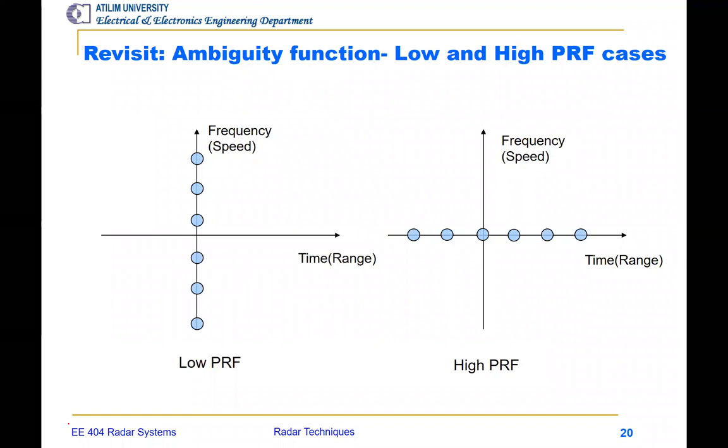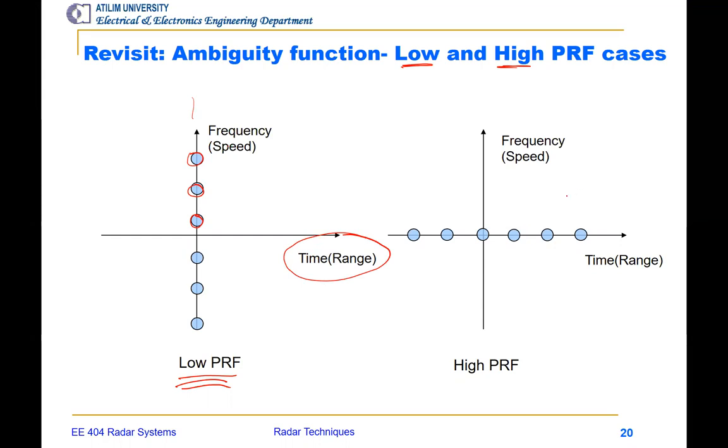Let's go back to the ambiguity function again for a rectangular pulse for low and high PRF cases. For low PRF cases, you see this is the speed axis, this is the time range axis, and we have ambiguities on the speed axis. We do not have ambiguity on the time axis, so we can accurately measure the range, but we will have ambiguity in speed measurement.